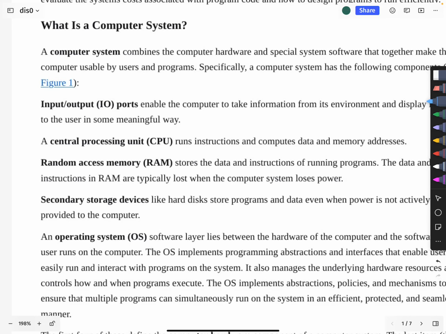Okay. So what is a computer system? Well, a computer system is something that combines hardware and a special system software, which they almost certainly mean an operating system. So it's basically a combination of hardware and an operating system.